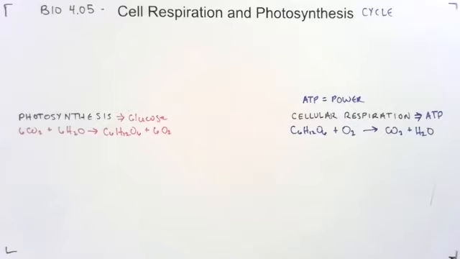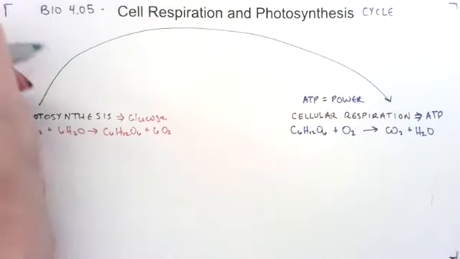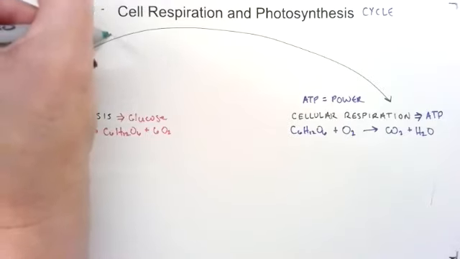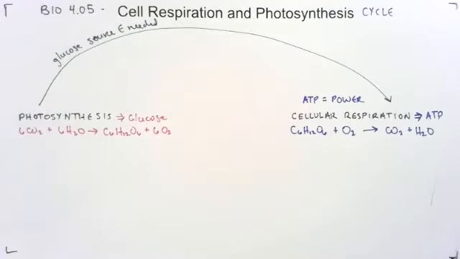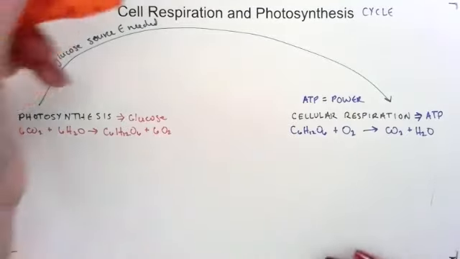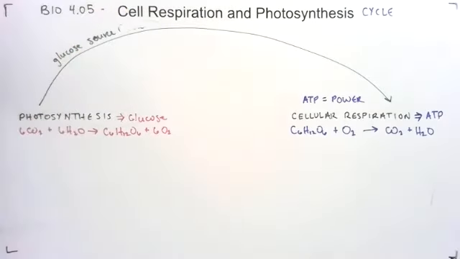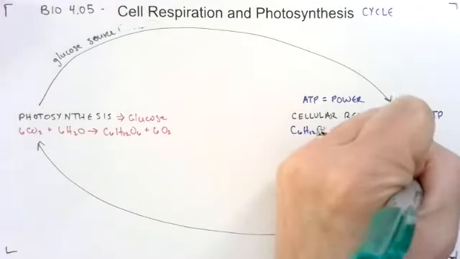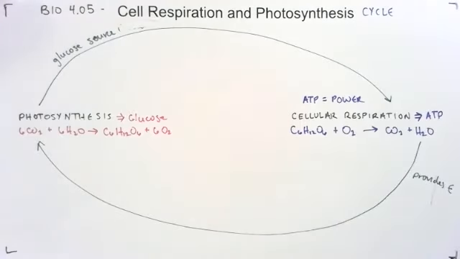So we have photosynthesis, where glucose is the source of energy needed, or I'm sorry, is the source material. And then cellular respiration provides the energy to make that run.